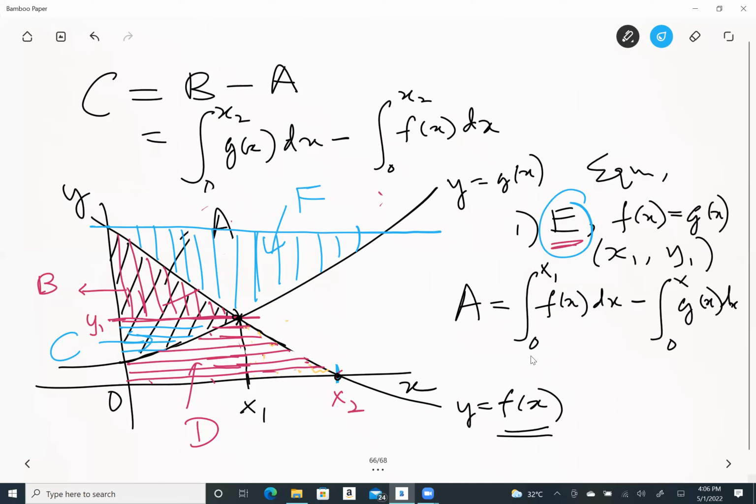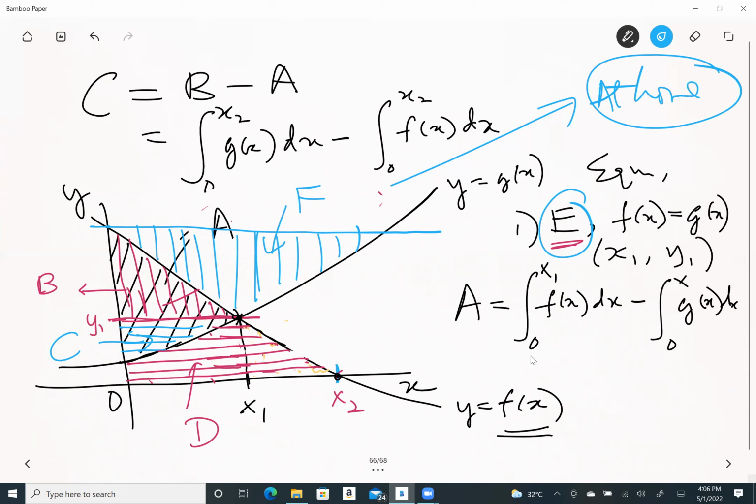I have 3 lines. So you do this at home. You have to have some time, think about it. You don't have to compute anything. Just identify what are the intervals that you need, what are the functions, and then how can you get that area F.